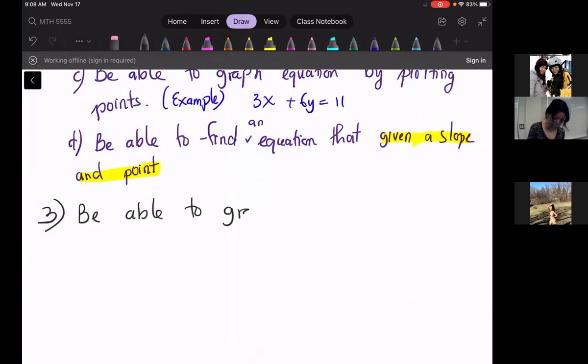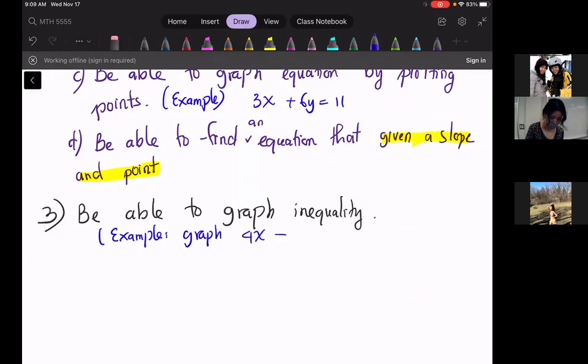Be able to graph inequalities. Make sure you follow the steps. Show me the steps. Okay, don't just give me the graph. That's 0. If you give me the graph only, I'll give you 0. You have to show me how you come up with the graph and shade the region. So on the test, you're going to have something like that. It's not exact. I just made up those problems.